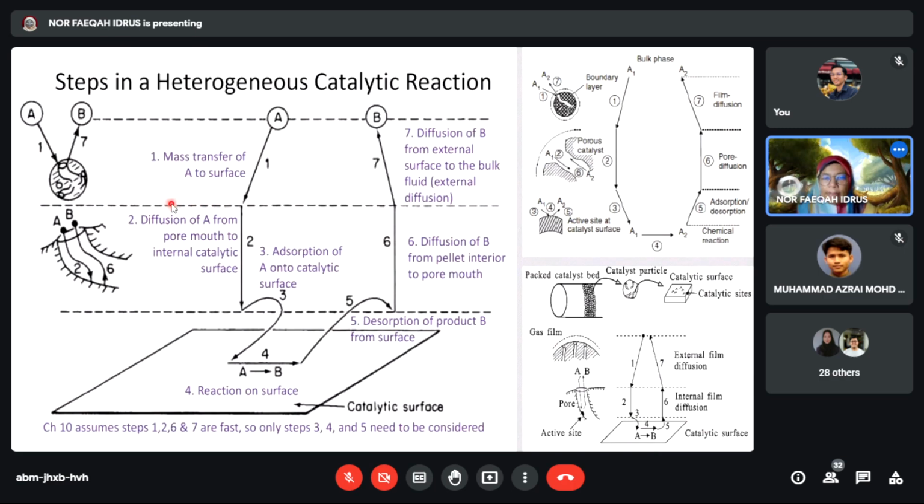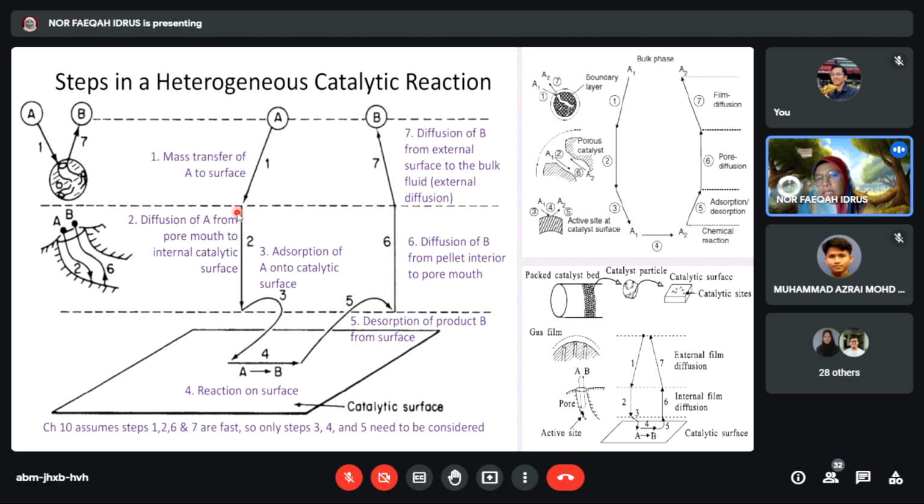Okay. And then when reactant A reaches the external surface, after the mass transfer from the bulk fluid to the external surface, it will reach the external surface of the catalyst.